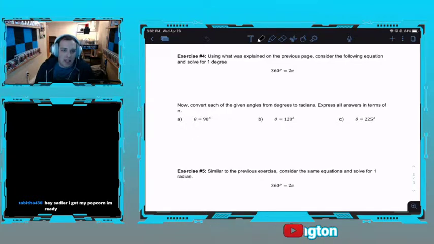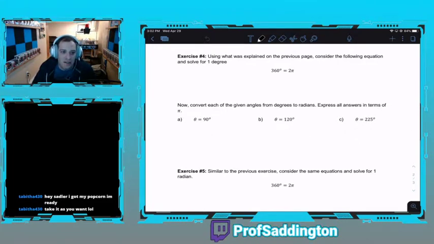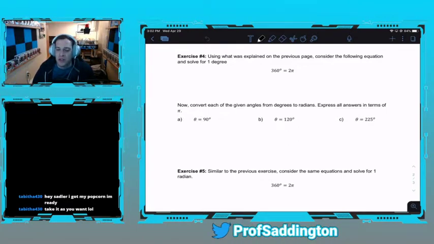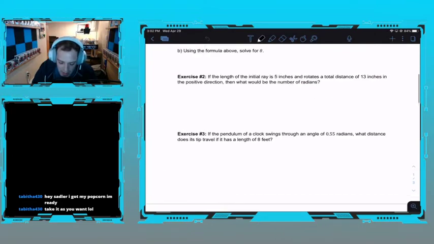The only thing that I should be doing from the first page to help us out for the second page is the biggest conversion for a circle, because you guys have never done any conversions between degrees and radians before. That's what the new thing is for today.